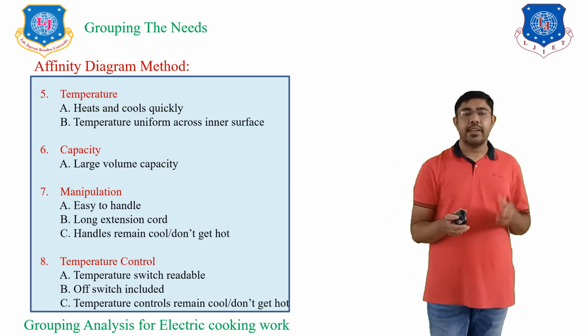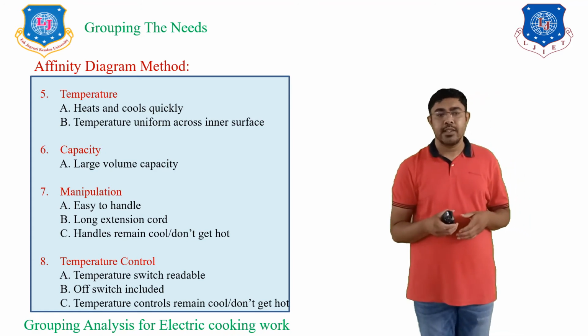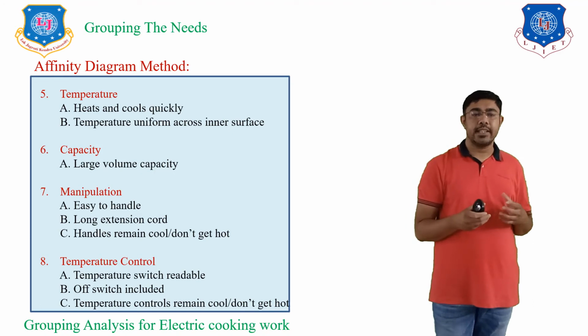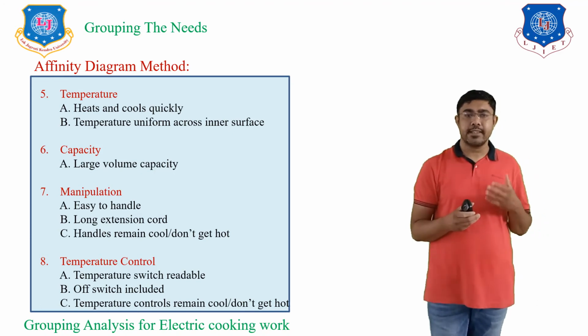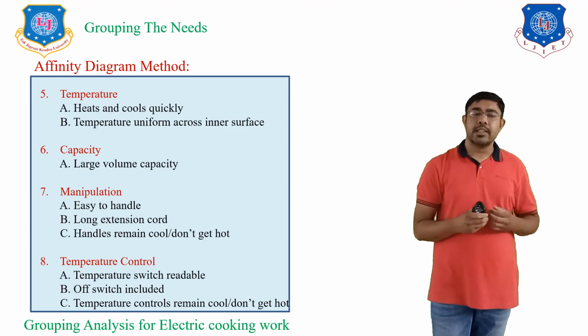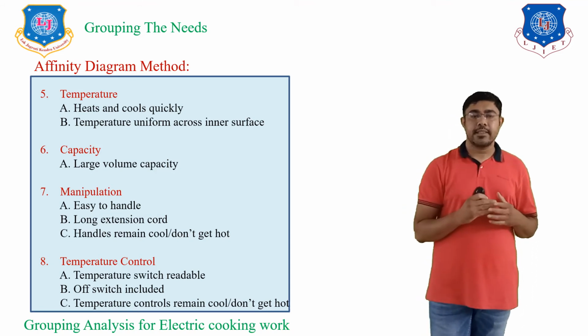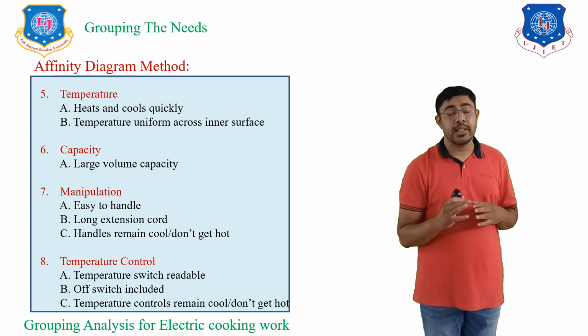The fifth criterion is temperature. From the customer's needs, we have two needs relevant to temperature. The first is heats and cools quickly, and the second is temperature uniform across the inner surface.